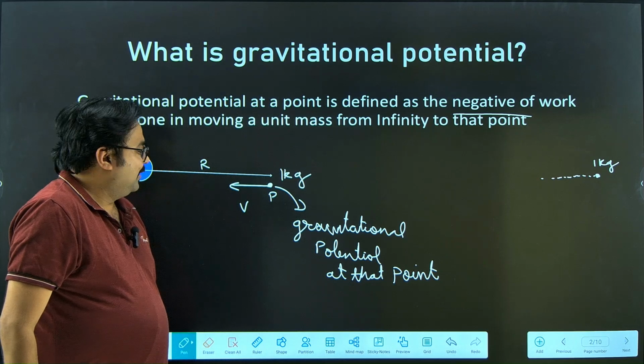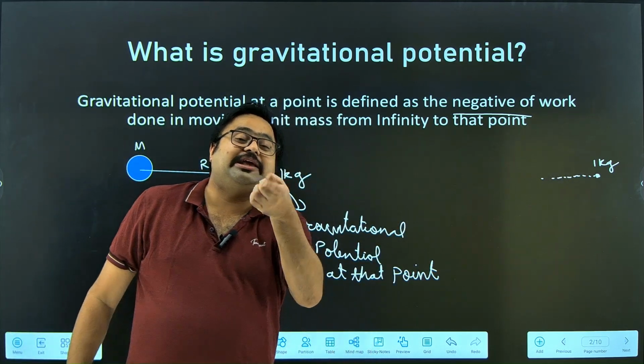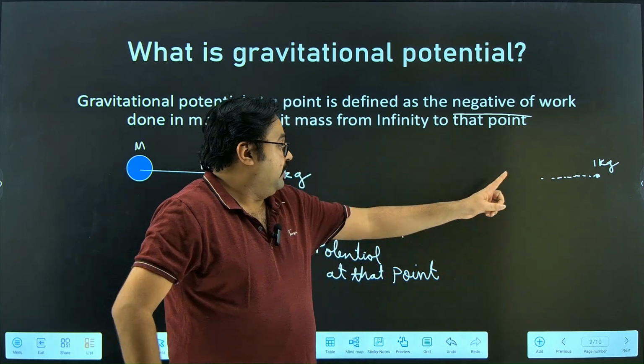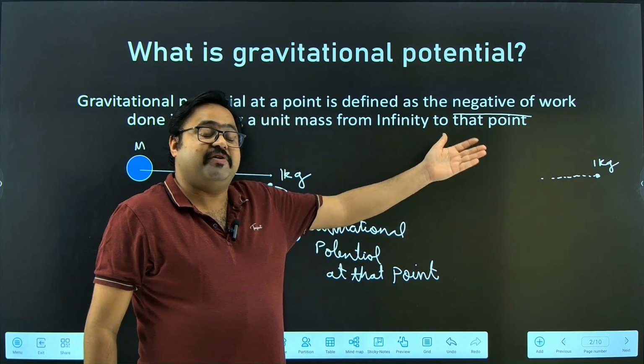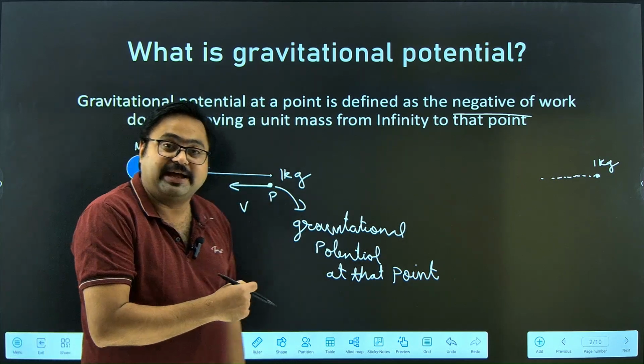Right? So whatever potential energy the 1 kg mass loses to come here from infinity is what is called gravitational potential at that point.